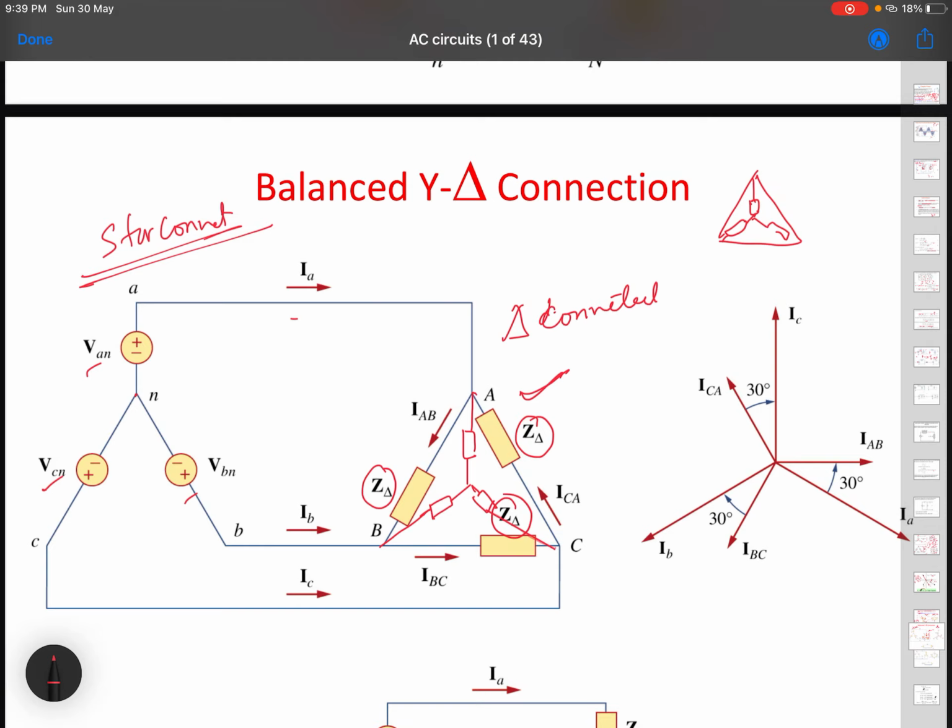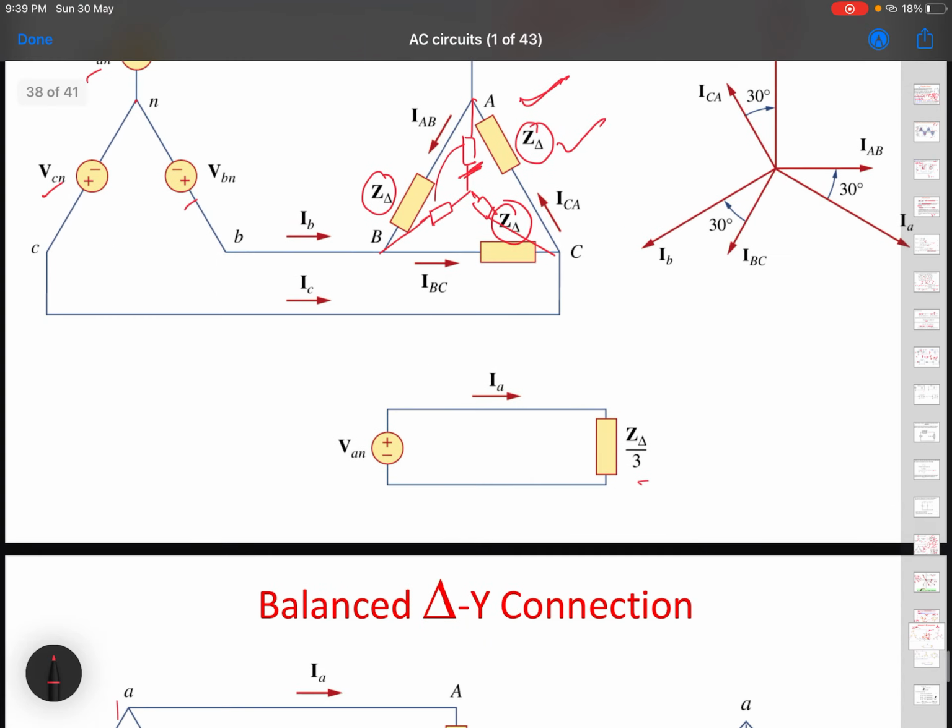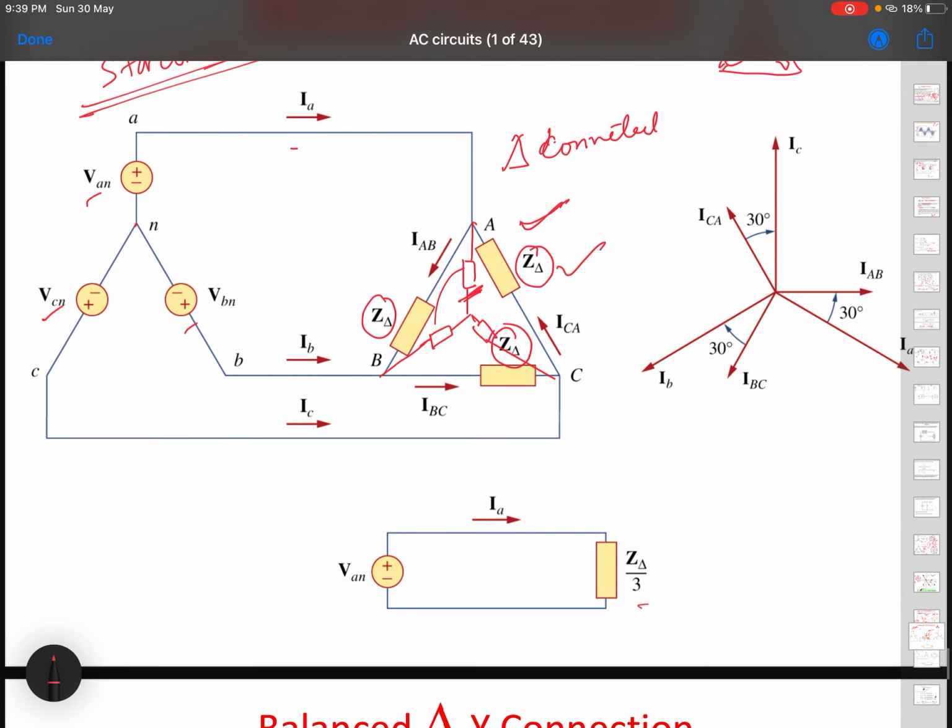All the 3 impedances in star are also equal, though they are different from Z delta, but they are the same among themselves. So all these 3, Z1, Z2 and Z3 would be the same. I can convert that delta into star, and now I have a Y-Y balanced connection, of course without neutral, and this becomes my equivalent system for analysis.